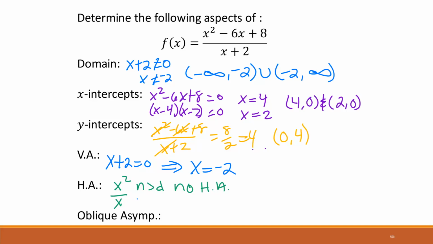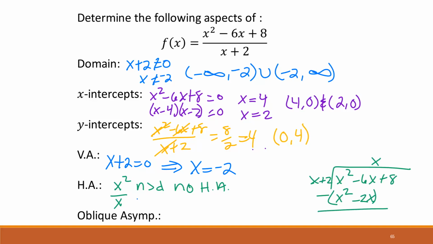I'm going to do my long division over here for my oblique asymptote. x squared minus 6x plus 8 divided by x plus 2. That would be x there to give me x squared plus 2x. Subtracting, that's negative 8x... that becomes negative 4x.